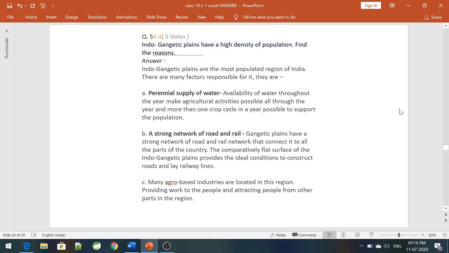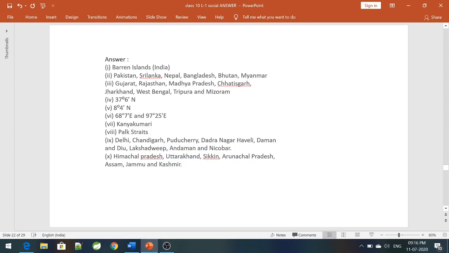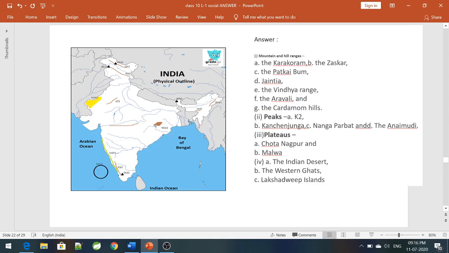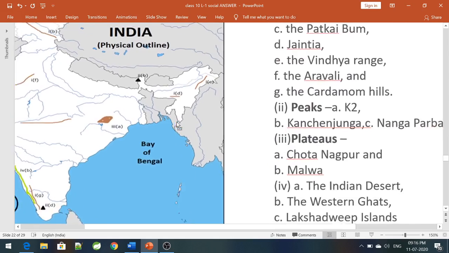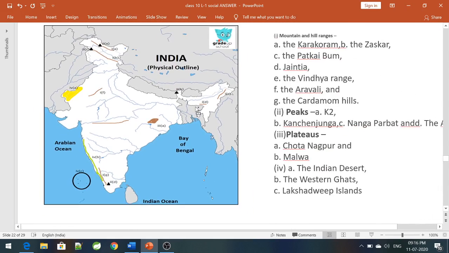The video becomes too large. Okay. On the outline map of India, show the following. These are the Zaskar and Patkai that I have shown you. I have a map here, and everything is located in this map.